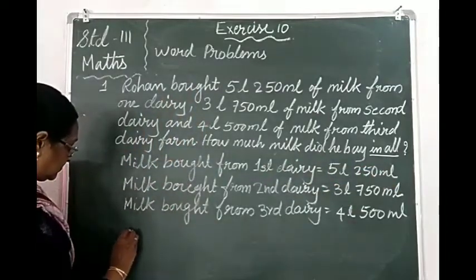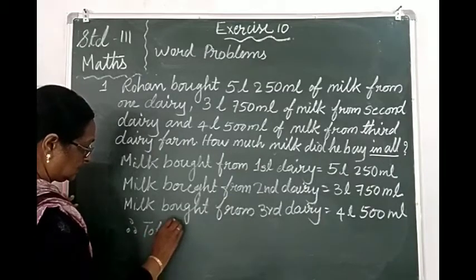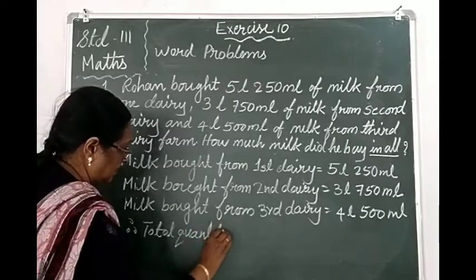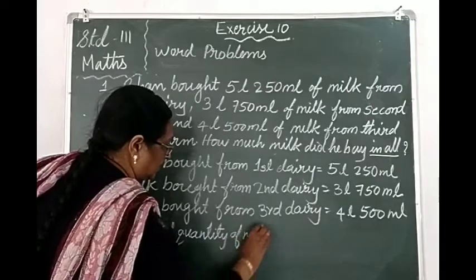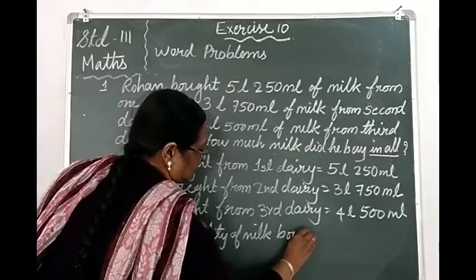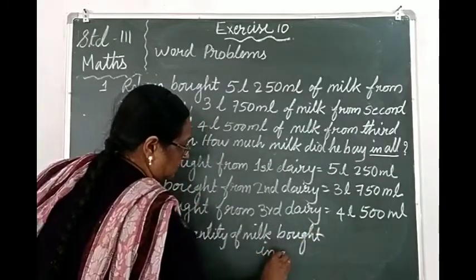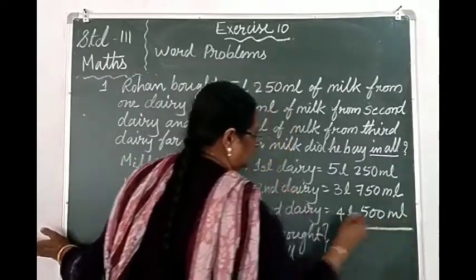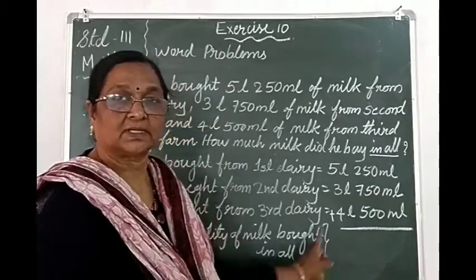Therefore, total quantity of milk bought in all is equal to, we have to add all these 3.